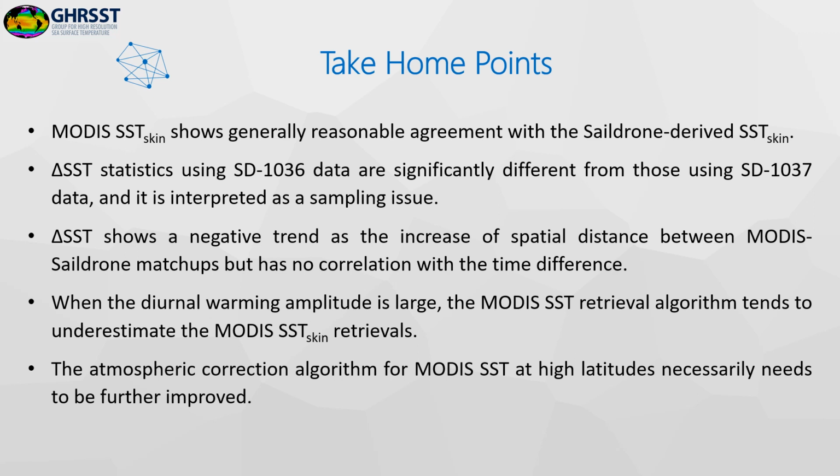The delta SST shows a positive trend with the increase of spatial difference between MODIS Saildrone matchups, but has no significant correlation with the time window. When the diurnal warming amplitude is large, the MODIS SST retrieval algorithm tends to underestimate the SST. Therefore, the atmospheric correction algorithm for MODIS SST at high latitudes needs to be further improved.